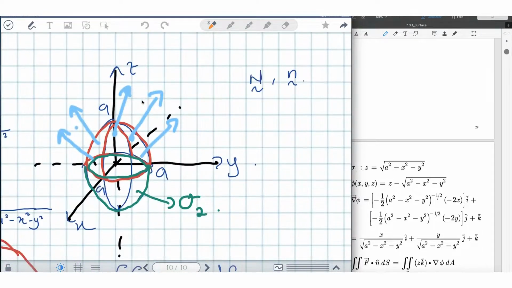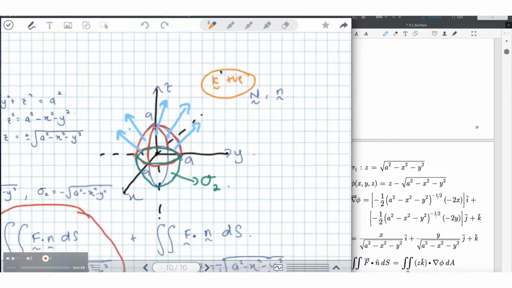Now from the arrow that we provided here, which points outward from the surface sigma 1, the red one here, it always points to z positive, always up here, never going down. So we want k always positive. You have to write it down. It is not part of the marks, not part of the answer scheme, but just to guide you, otherwise it's easy to get confused. So just write it down: we want k to be positive.